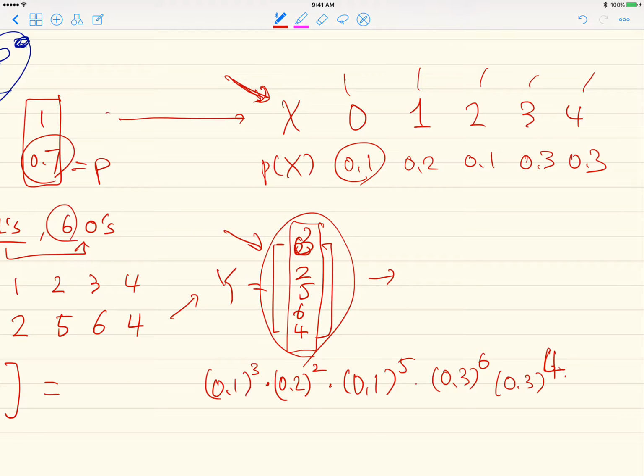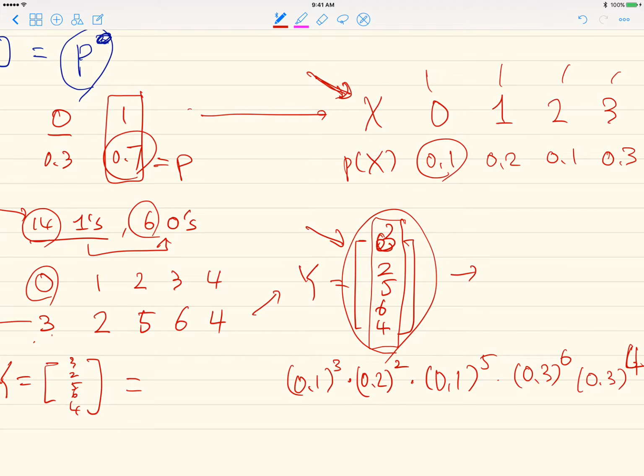This is one specific example, but we have to consider the different combinations in terms of their orders. We might observe 0, 0, 0 and 1, 1 and so on, but at the same time we can observe 1, 0, 0, 0, 0, 1, 1. These are just examples considering only the two.